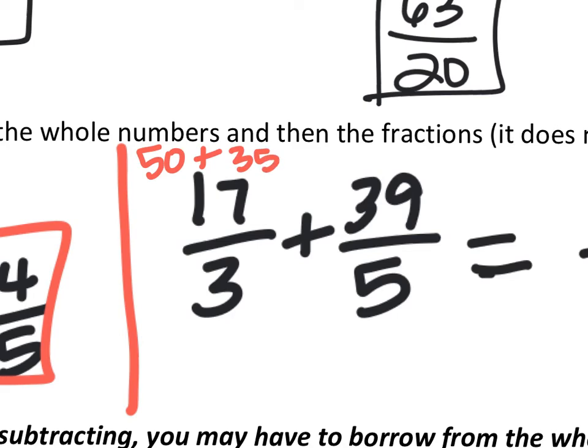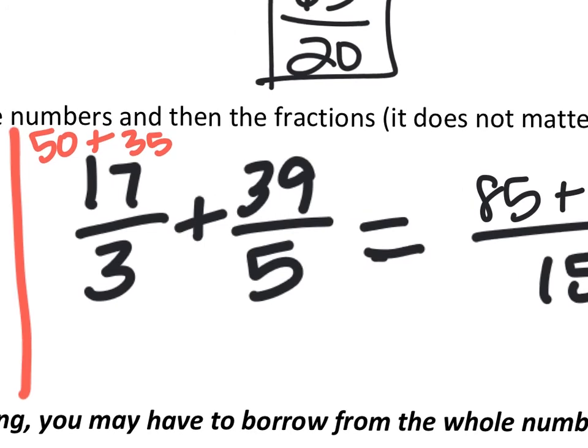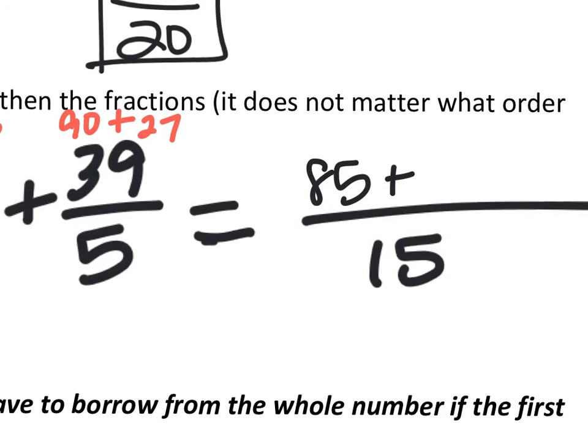So 50 plus 35 is 85. Easy enough, right? Doesn't have to be complicated. 3 times 30 is 90, plus 3 times 9 is 27. So added together, that gives me 117.